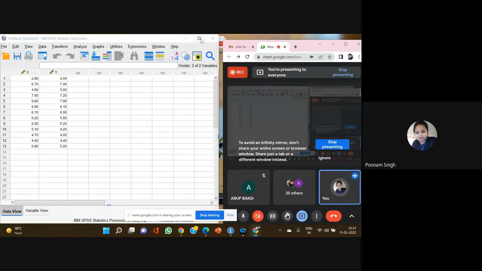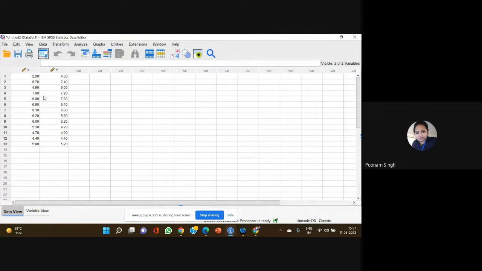To draw the scatter plot, this SLR4 data I have taken from one site, where X was the national unemployment rate for adult males, and Y was the national unemployment rate for adult females. Okay, so let us draw the scatter diagram.